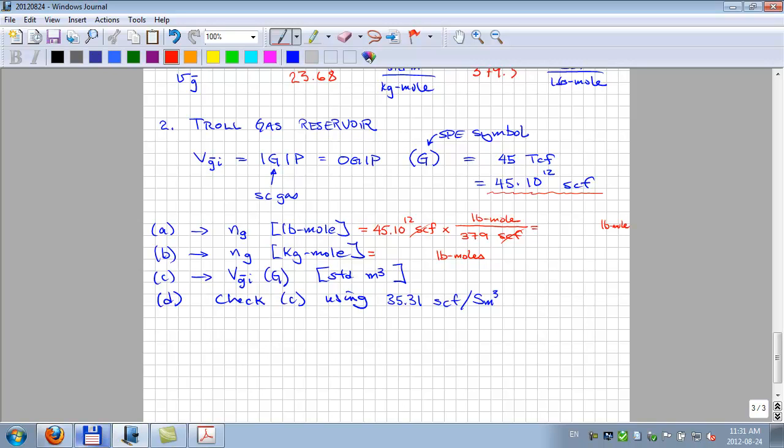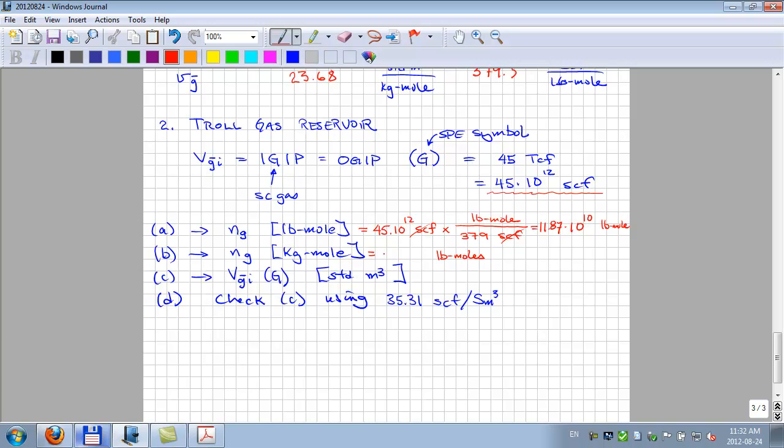So what do y'all get? 11.87 times 10 to the 10. At least say no if you get something different, and don't be worried about being wrong. All right, there we go. So we got 118.7 billion pound moles.